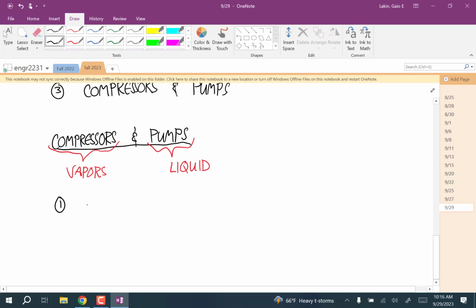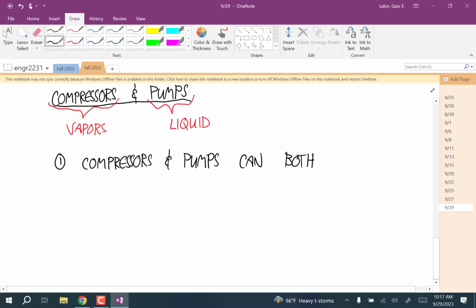First, compressors and pumps can both produce a higher exit pressure.